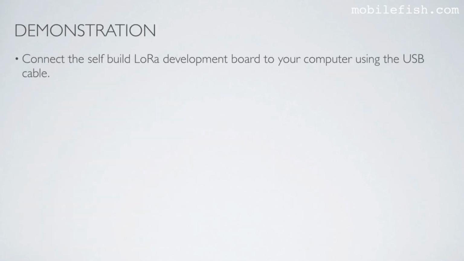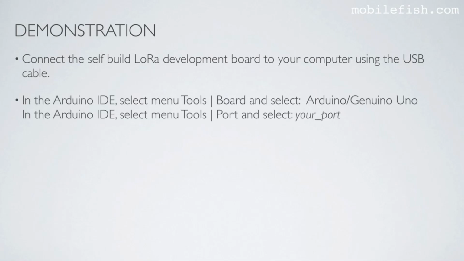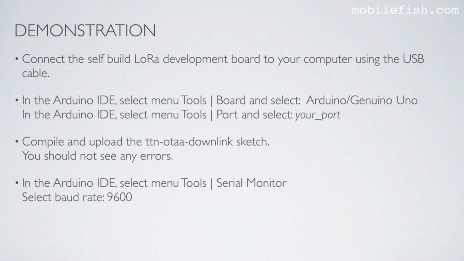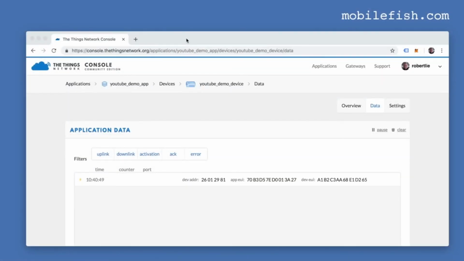Now connect the self-built LoRa development board to your computer using the USB cable. In the Arduino IDE, select Tools, Board and select Arduino Uno. In the Arduino IDE, select Tools, Port and select your port. Compile and upload the TTN OTA Downlink sketch. You should not see any errors. In the Arduino IDE, select Tools, Serial Monitor and select baud rate 9600. The device is being registered.